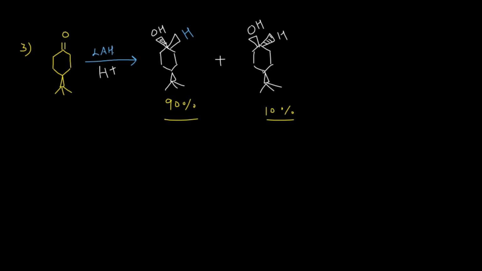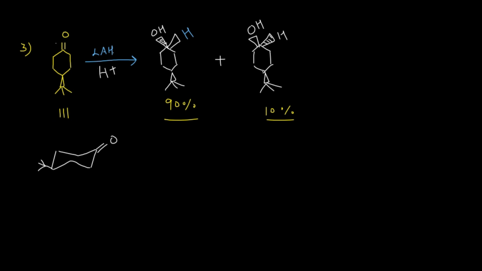For this we need to convert this into the proper conformation. A 6-membered ring is very stable in the chair conformer. So this is the chair, and I am putting my double bond here, no problem in that, and in the equatorial position I am giving this tertiary butyl group.